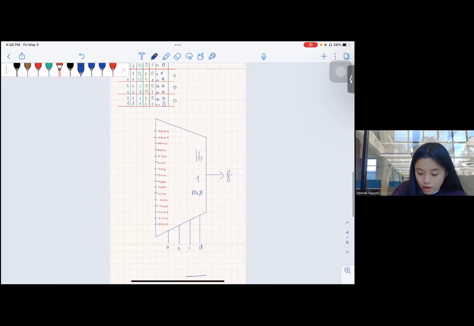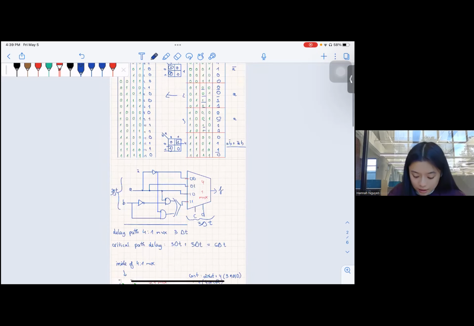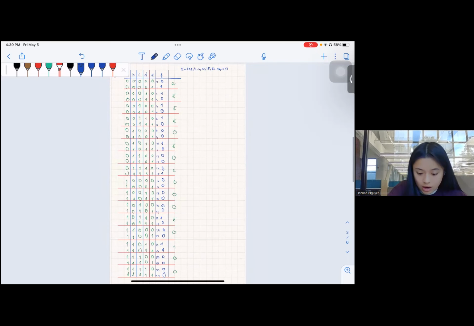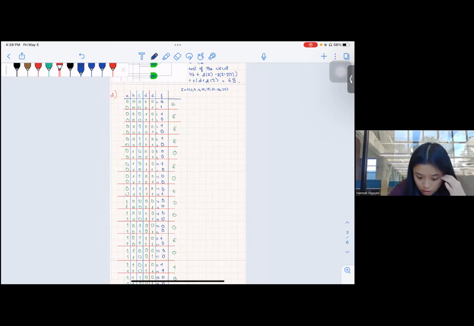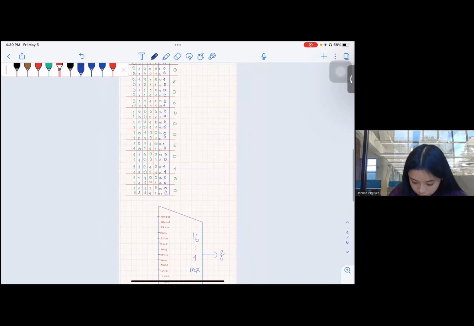And because we're using a 16 by 1 mux, I don't have to rearrange, because the question said that we have to use A, B, C, and D as the select. So A, B, C, D as the select right here, and then E is gonna be the output.